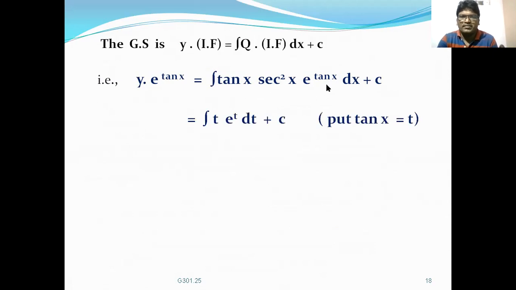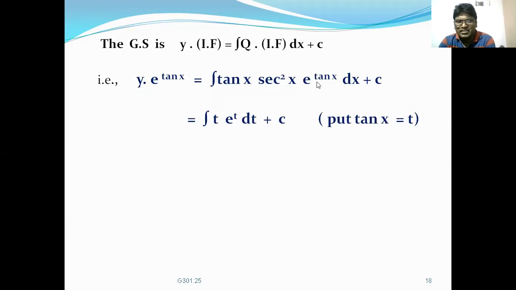In this form we don't have to solve the equation directly. We have to change the variable by substituting the variable t. See here, now put tan x is equal to t. Where tan x is there, you have to put t. Then we take the derivative: the derivative of tan x is secant square x dx is equal to dt on the right side.